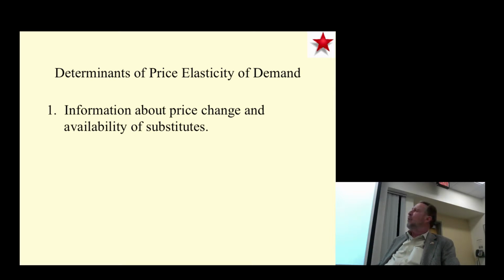No, and one of the reasons might be you might not even notice the price change, right? I mean, we don't look at all these prices all the time. You go to 7-Eleven, you grab a bunch of stuff, and you check out. So if you don't know about the price change, you're obviously not going to respond to it because you don't even know it's changed. And secondly, if you don't know where the substitutes are, then you tend to be less responsive because you don't know what you could substitute for.